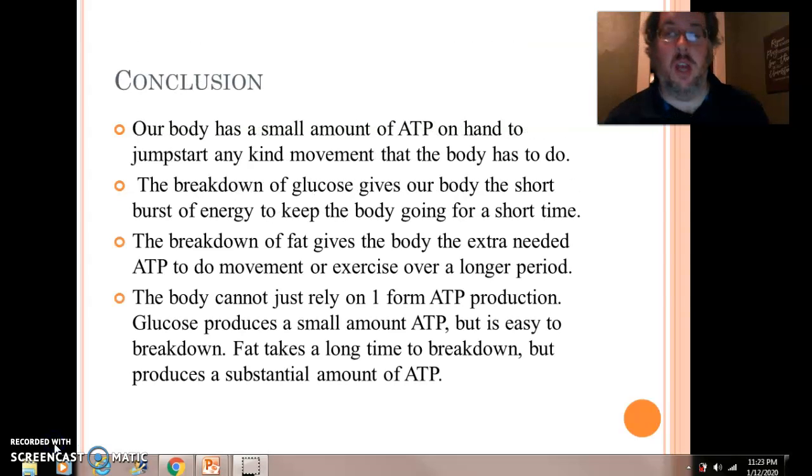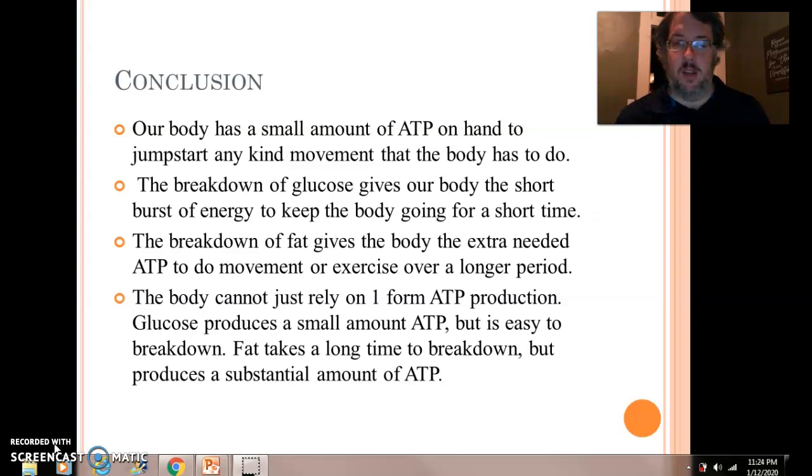In conclusion, our bodies are sort of like cars. The small reserve of ATP that our bodies store inside them is almost like the battery of the car, where it gives the body what it needs to do work while it's at rest. When you break down the glucose, that is almost like the starter.